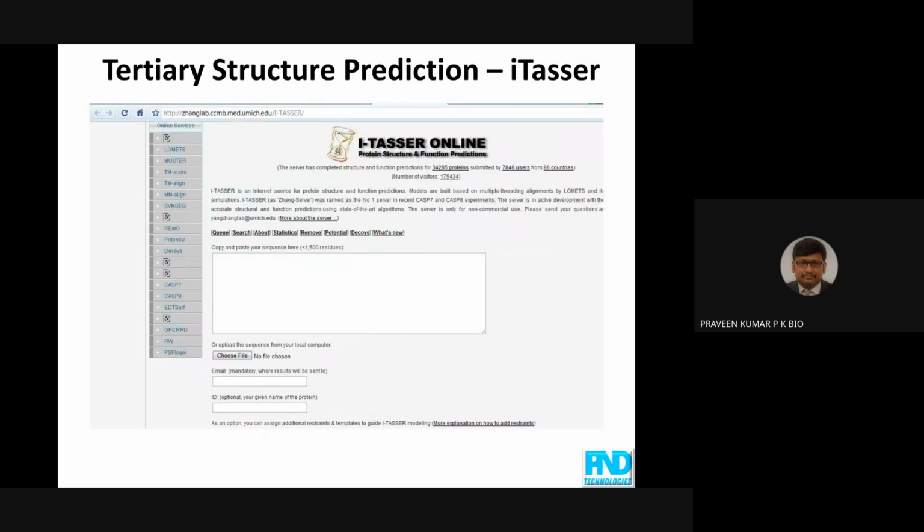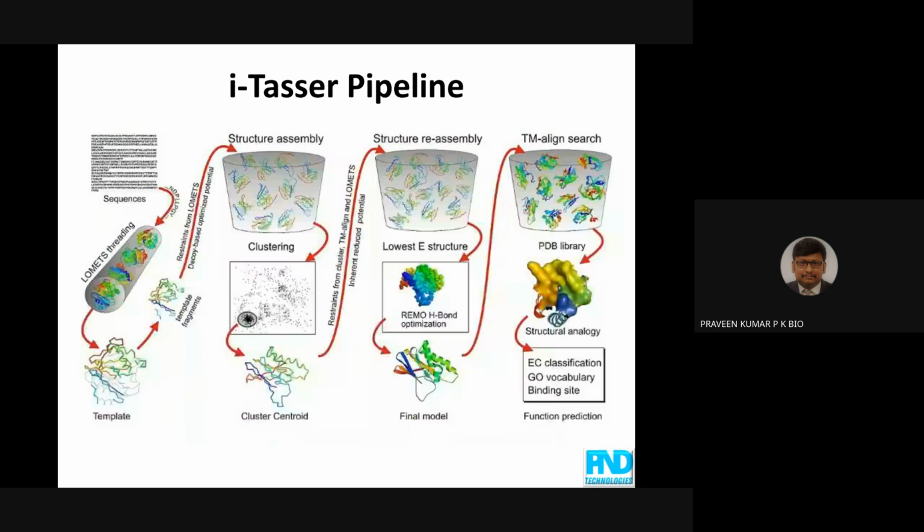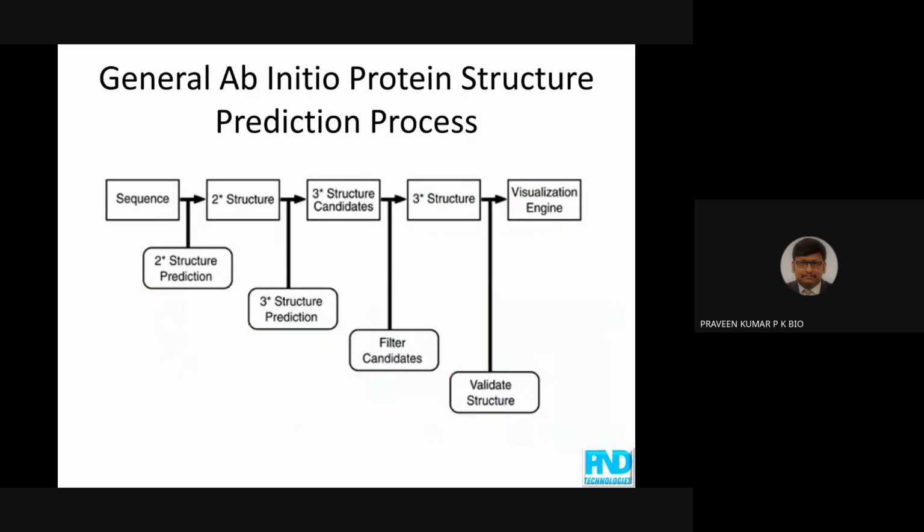This is the window I showed you earlier, and this is the pipeline. So we can come to the next method, that is the ab initio prediction method. In ab initio, unlike homology modeling and threading, we predict the protein structure in a phase-wise manner.